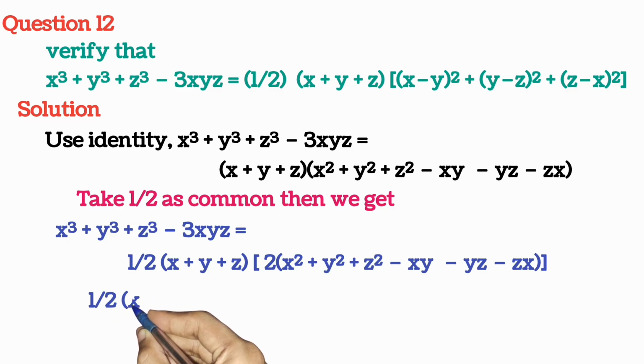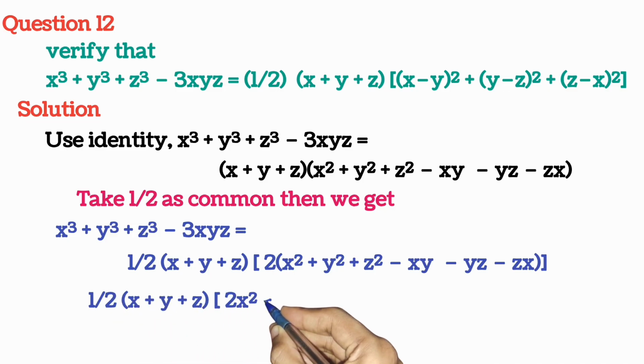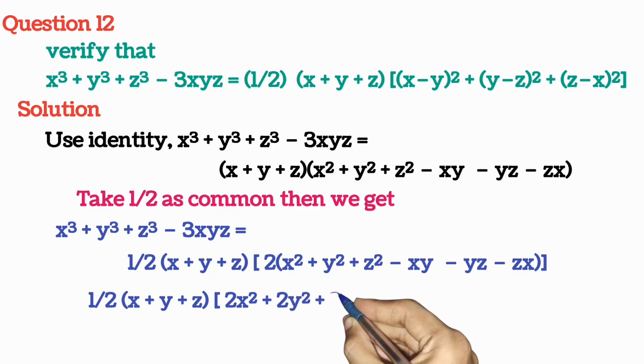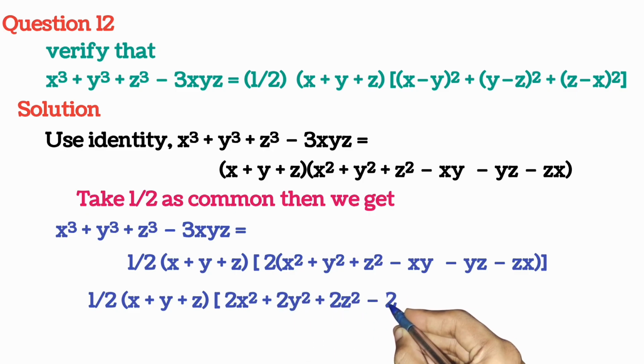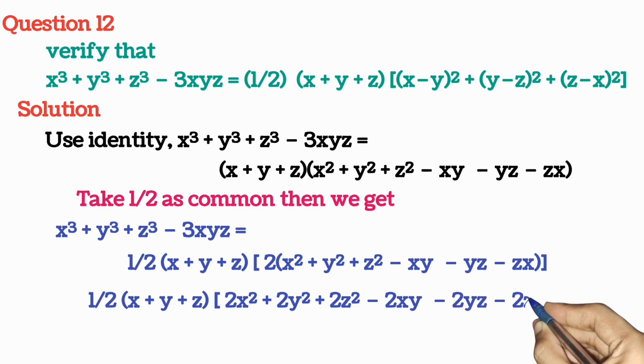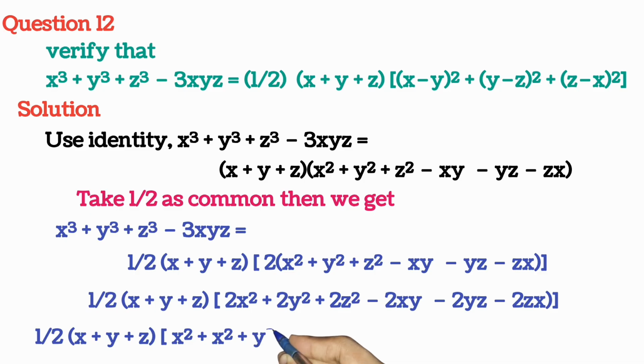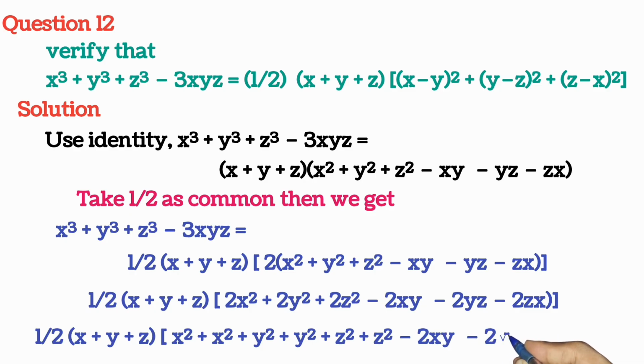Then 1/2 (x + y + z)(2x² + 2y² + 2z² − 2xy − 2yz − 2zx). Now 2x² can be written as x² + x², 2y² as y² + y², and 2z² as z² + z², minus 2xy minus 2yz minus 2zx.